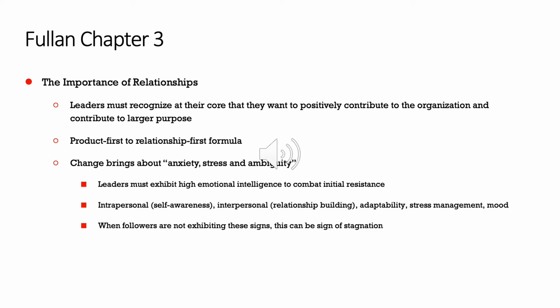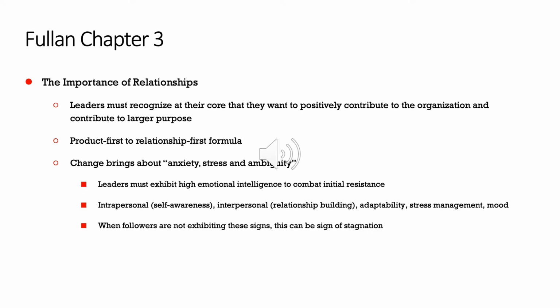Chapter 3 of Fullan talked about the importance of relationships. I think our new vice dean did this wonderfully. The leaders must recognize at their core that their followers want to contribute to the organization. Obviously, that means having a general positive outlook of what people's intentions are. So moving from a product-first to a relationship-first formula is important.